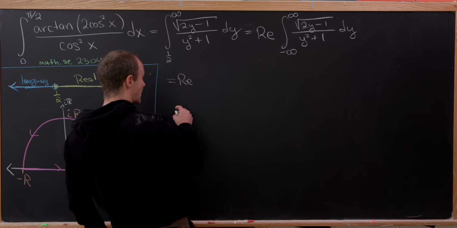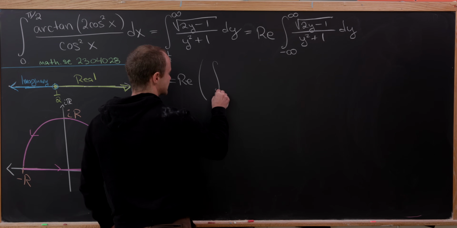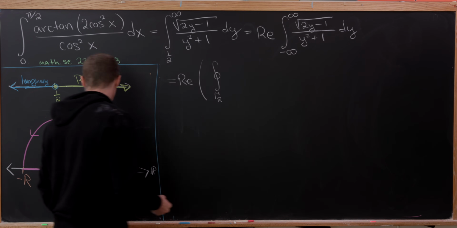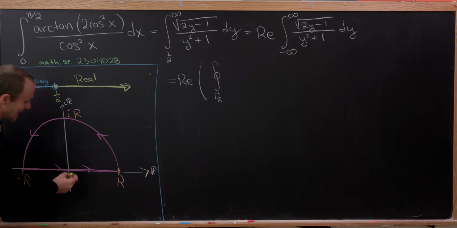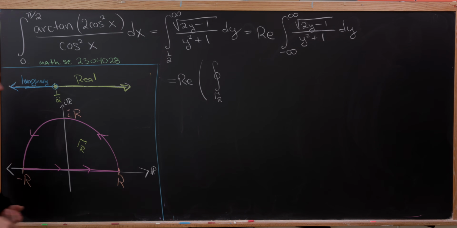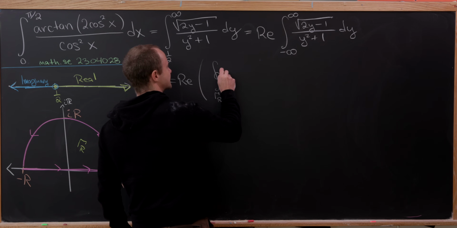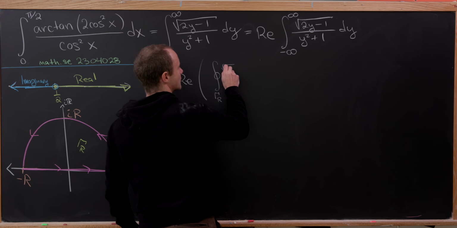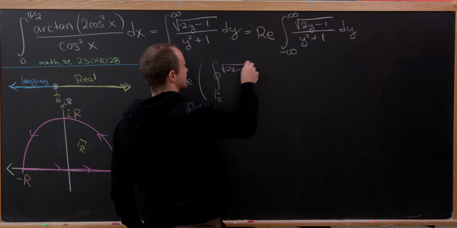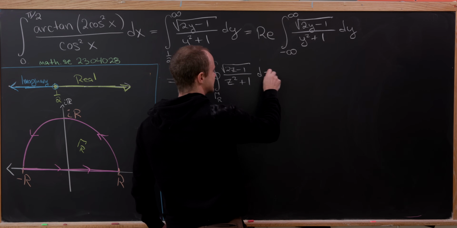We have the real part of the contour integral around this thing, which I'll call gamma R. Let's say this entire contour is called gamma R, of, now I'm going to exchange y's for z's, the square root of 2z minus 1 over z squared plus 1 dz.